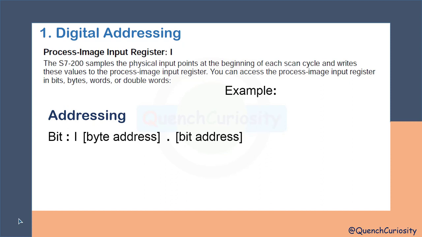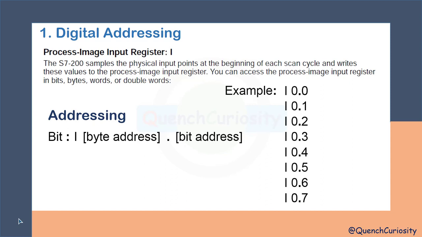The addresses will start from I0.0 and subsequently go to I0.7. As we know from the memory mapping concept, the bit address goes from 0 to 7 only. Once byte address 0 has reached its bit address 7, the byte address will change, and the bit address will start from 0 again.